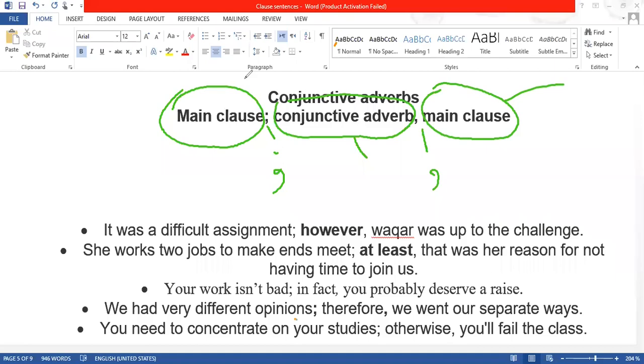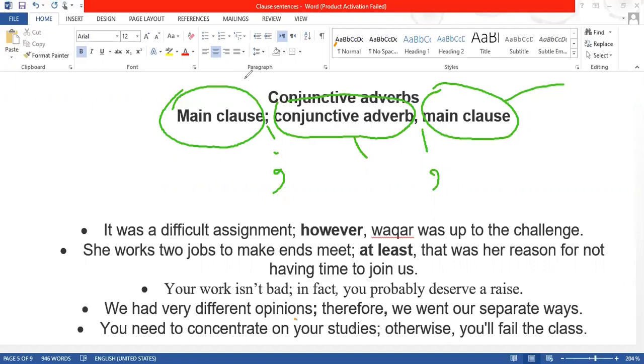But here, you see main clause and then semicolon, then conjunctive adverb. Conjunctive adverbs are not strong. Remember, you cannot join two clauses with just a conjunctive adverb. You need to have a semicolon and a comma. So if you see in this first sentence, it was a difficult assignment; however, Wakar was up to the challenge.